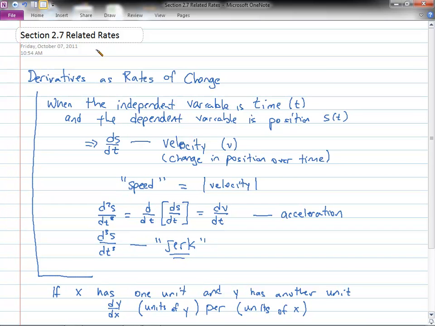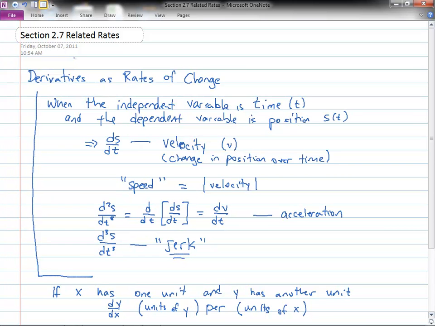So that's important to consider when we start talking about relative rates of change, or related rates. What we're going to do is look at the relationship between two variables and then identify the relationship between how fast they change. If we know one variable depends on another, like the area of a circle depends on the radius, then how fast will the area change when the radius is changing?